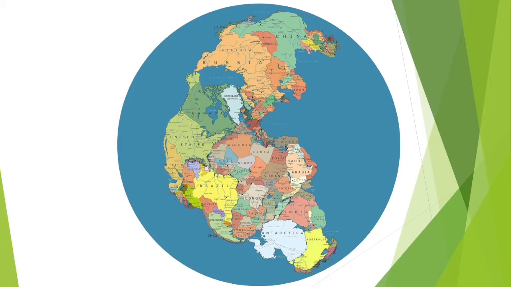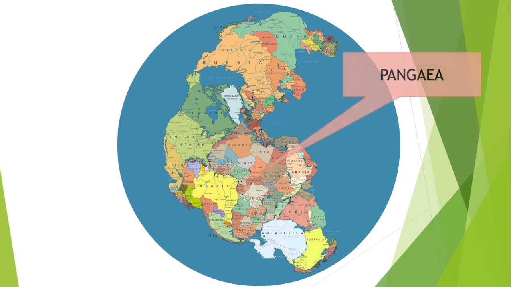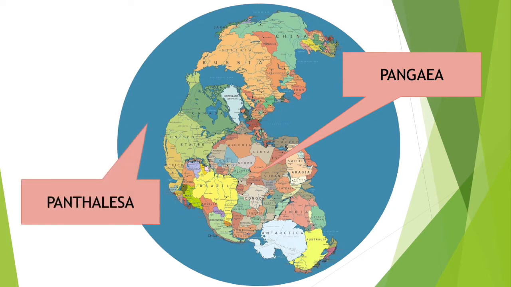Wegener suggested that the continents were all originally part of a huge landmass called Pangaea. Pangaea is the supercontinent that was surrounded by a single ocean called Panthalassa. A few hundred million years ago, Pangaea was supposed to have begun to break up, and the continents slowly drifted to their present locations.